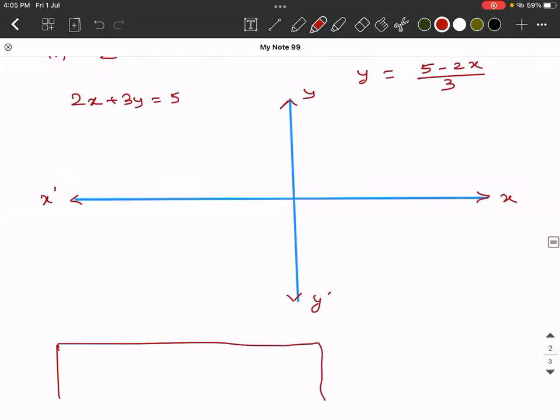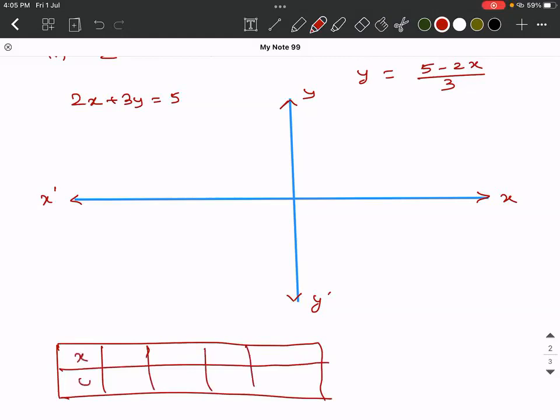In a table, you take the x coordinate and the y coordinate. Remember y is equal to (5 minus 2x) by 3. When you put x is equal to 0, y is 5 by 3.